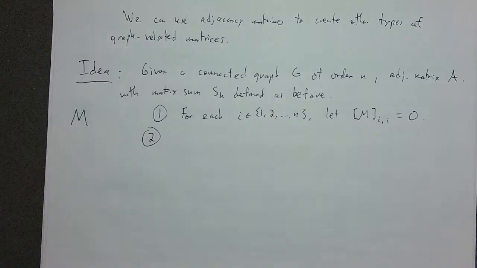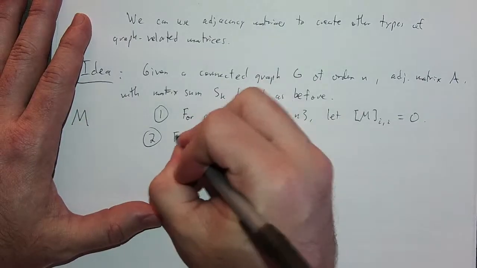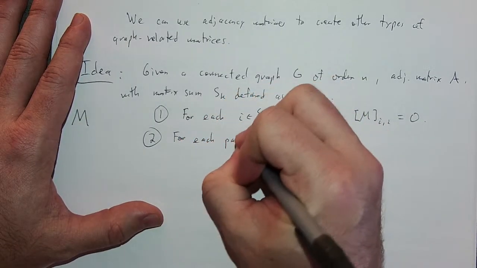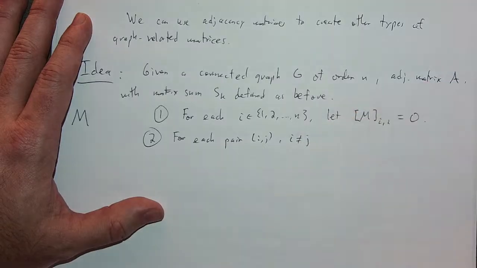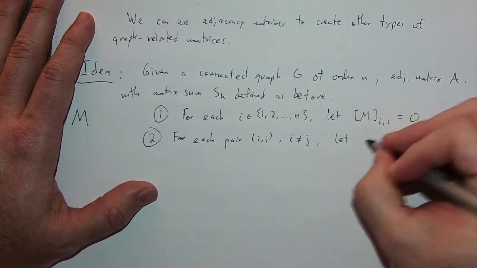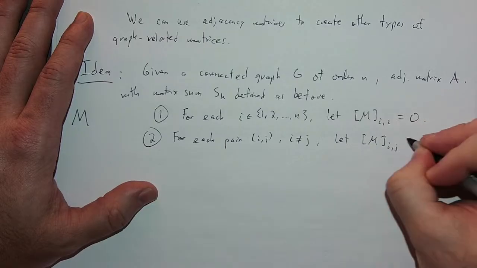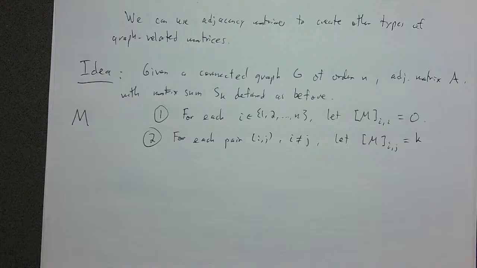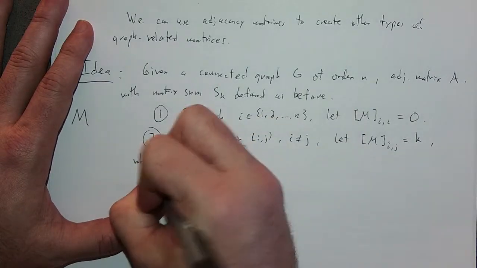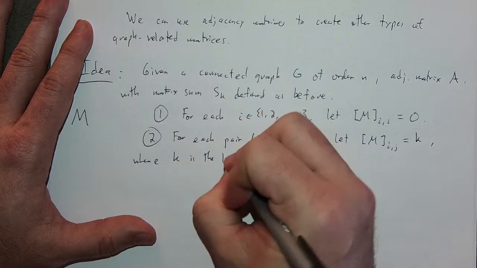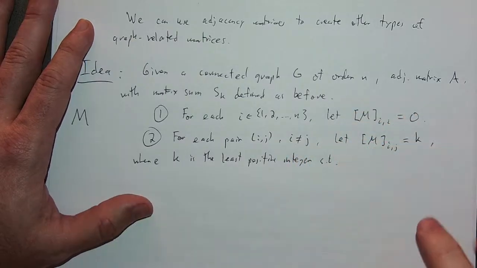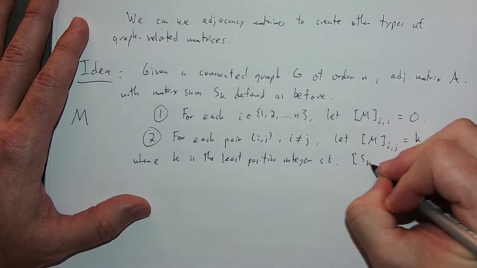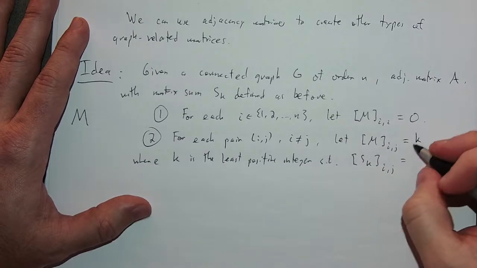Secondly, for each pair ij where i and j are distinct, let the ijth entry of M be k, where k is the least positive integer such that the ijth entry of S sub k is non-zero.